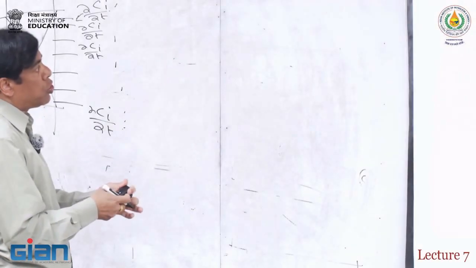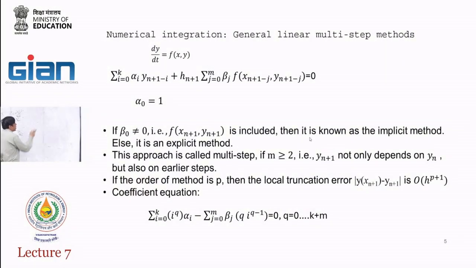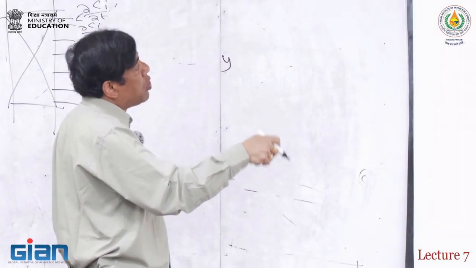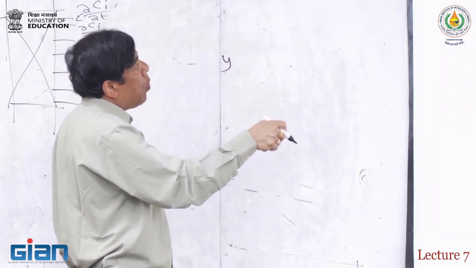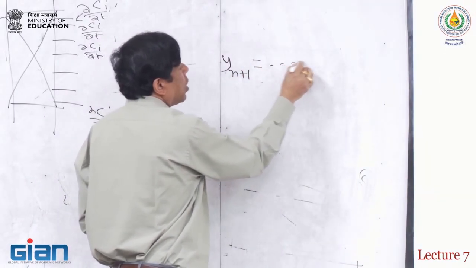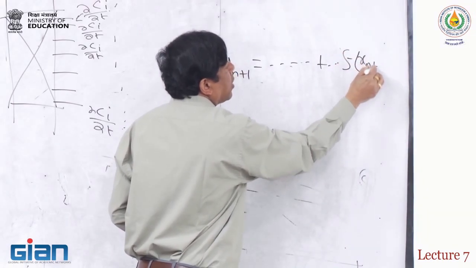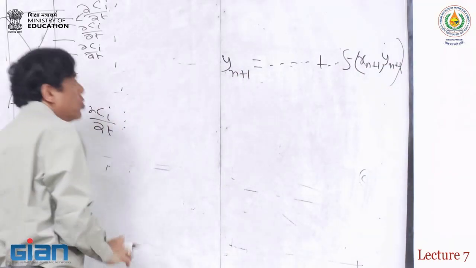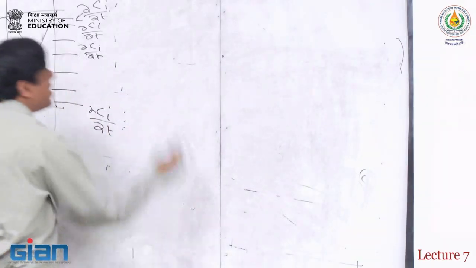So if you substitute, if this is not 0, and I already put alpha 0 equal to 1, so this is 1, so this will be y n plus 1. So I am saying y n plus 1 is equal to something, and then I will have f of x n plus 1, y n plus 1. Let me write it here.